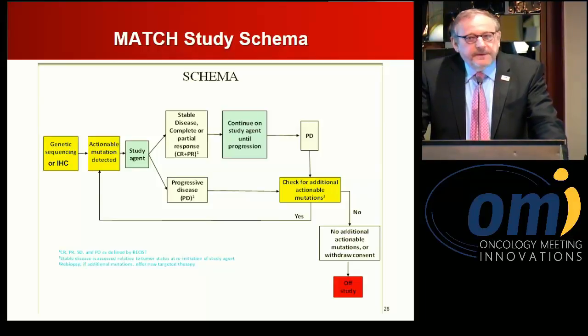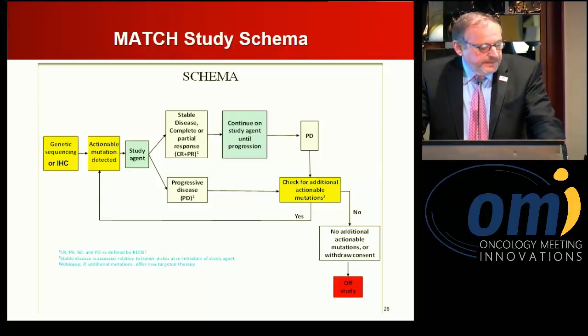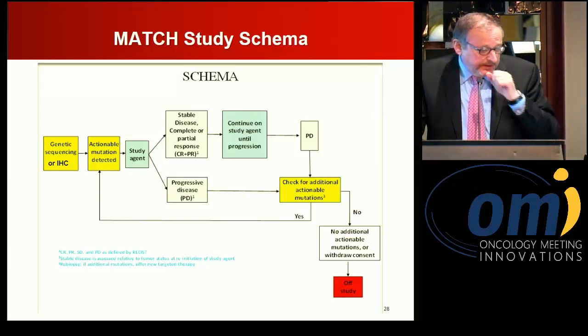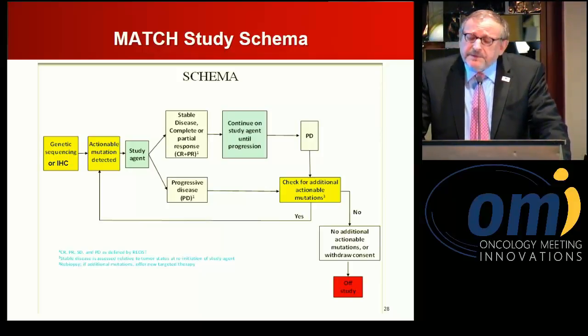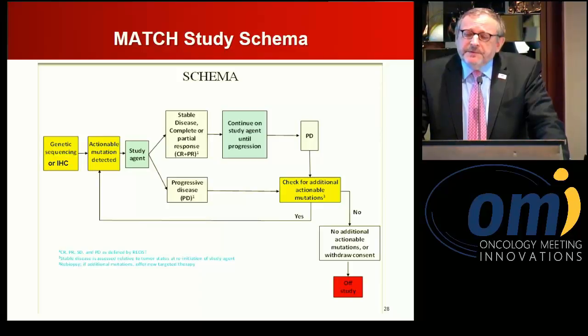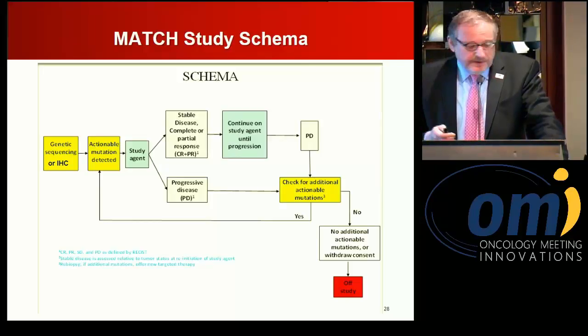And of course, it is a simple design. If you have stable disease or response, you continue. If you have progressive disease, you go out. But you have the opportunity, if at progression you identify another molecular abnormality, to link to another trial.